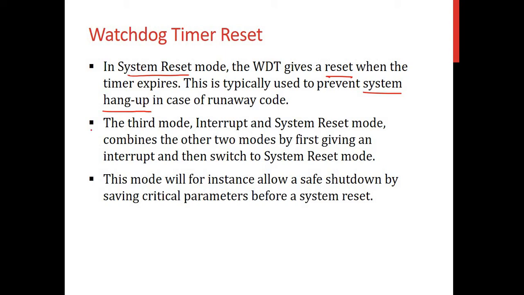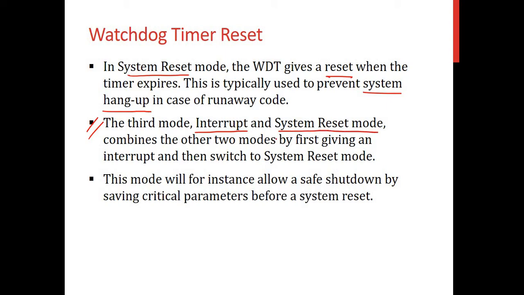Now the third mode, which is quite interesting and quite useful, is I can do both one after another. That means the moment the watchdog timer hits 0, I first generate an interrupt and then I issue a reset. Why do we want both at the same time?